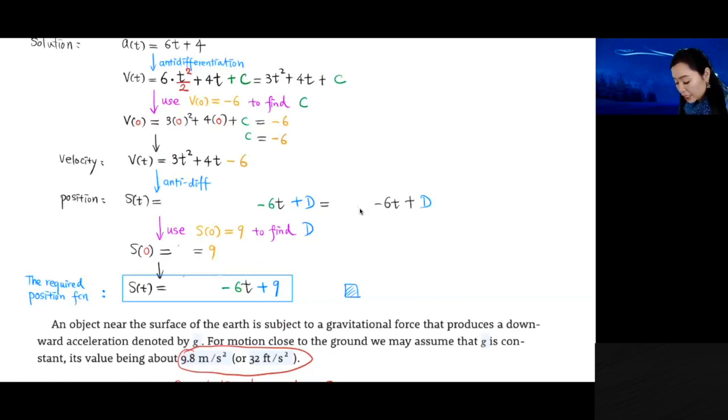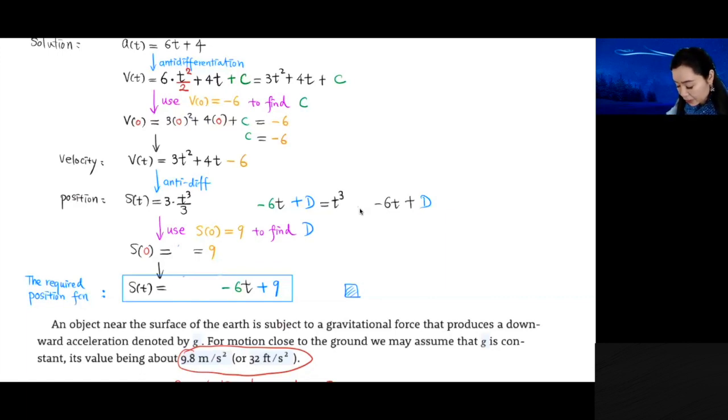So we take the antiderivative one more time, right? What's the antiderivative of 3 times t squared? That will be 3 times t to the third power divided by 3, which is just t cubed. If you see it right away, you can just put down t cubed.